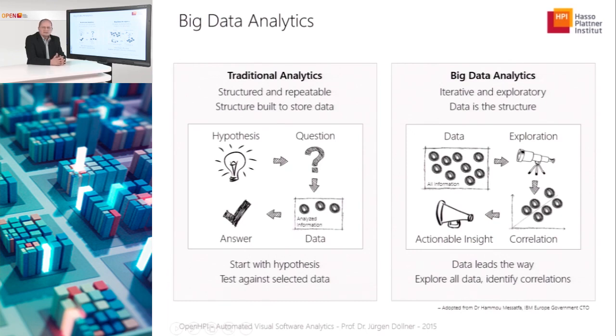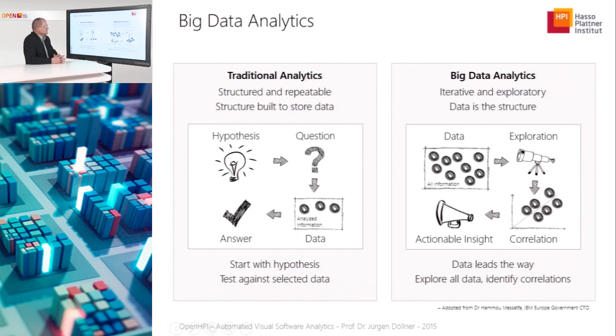So the data leads the way we work with challenges, with tasks that we have to fulfill based on big data. So we explore all the data and we identify correlations in this approach of big data analysis.